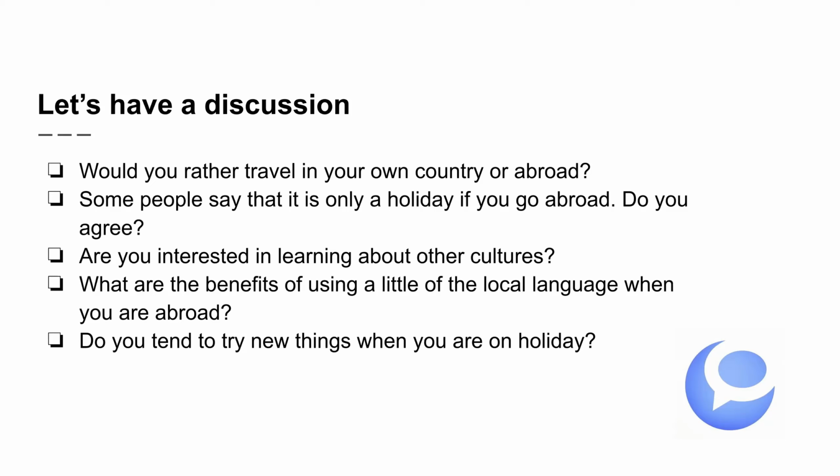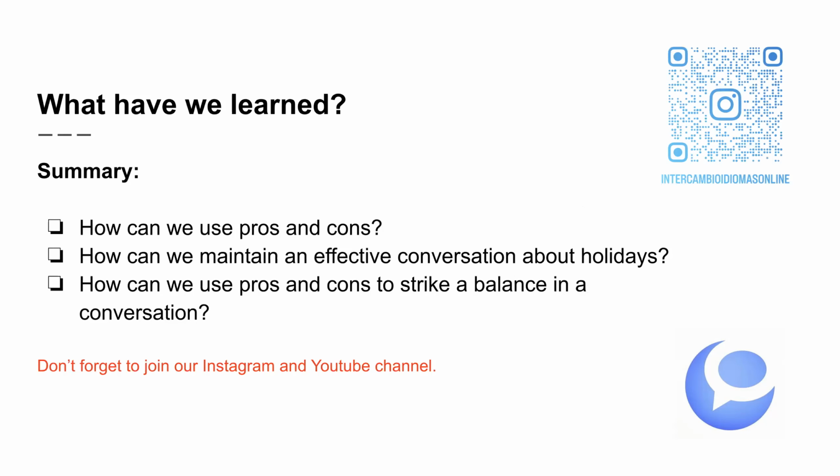Remember to compare, talking about the advantages and the disadvantages and explain why. So what have we learned in this class? We have looked at how can we use pros and cons. We use them using synonyms, the advantages and the disadvantages, the upsides and the downsides, the benefits and the drawbacks.